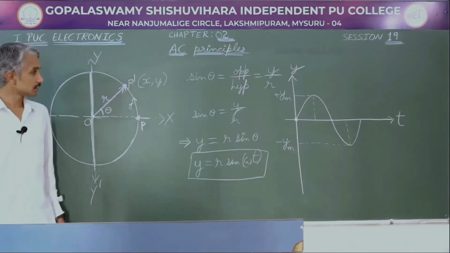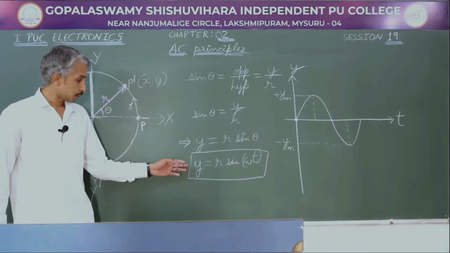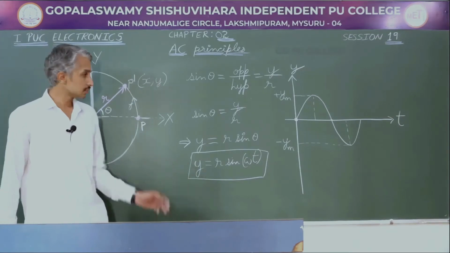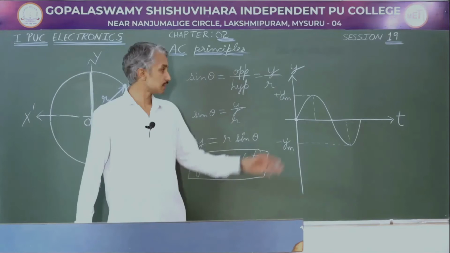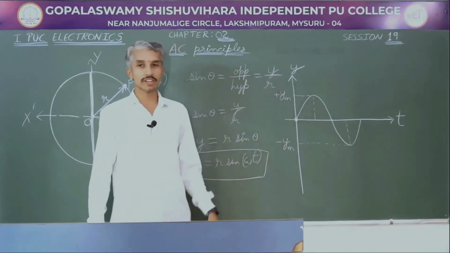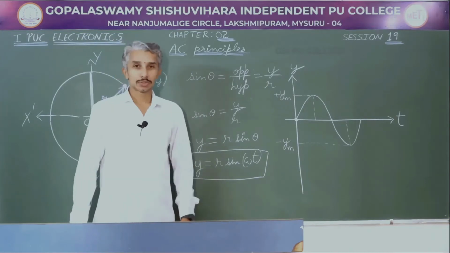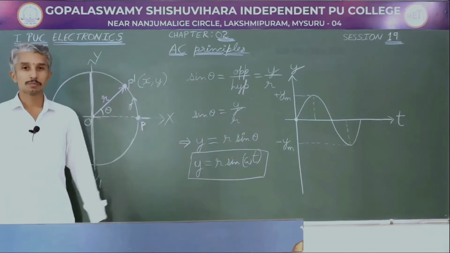Today we will see that the equation for the projection on the y axis, the graph of the displacement on y axis versus time, helps us in also defining our today's topic, which is AC principles.